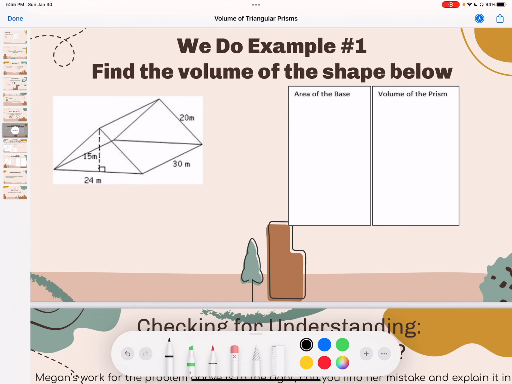So it asks for us to find the area of the base, but first I want to make sure that we write down what we're looking for. And we're trying to find the volume of our prism. So it's V equals big B times H. So it's separated into step 1 right here, and then step 2 is the combination of both. That's why it's written like this.